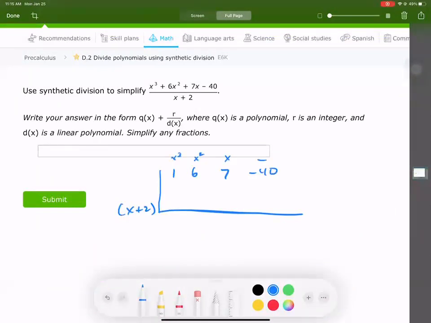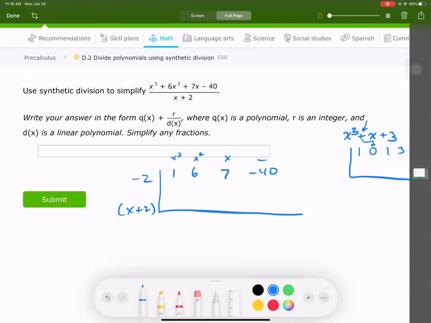Now, if I give you a problem that looks something like x cubed plus x plus 3, you'll notice I'm missing an x squared, right? So for problems like this, you would have to include a 0 as a placeholder. This is a side note: if you ever have a missing value, you have to put a 0 there as a placeholder.